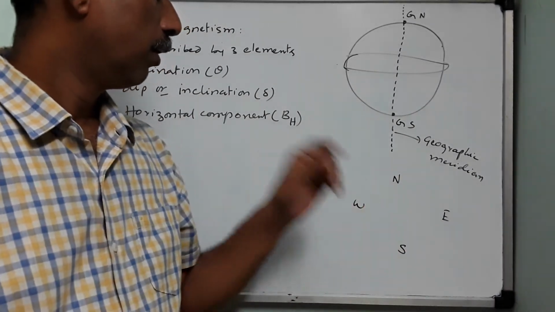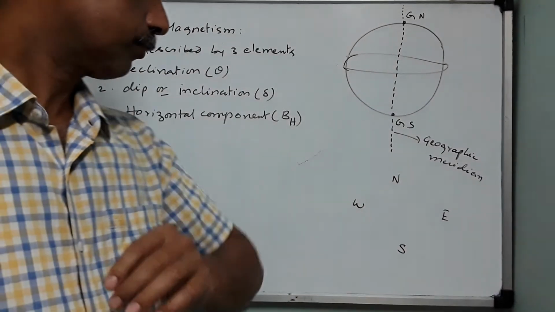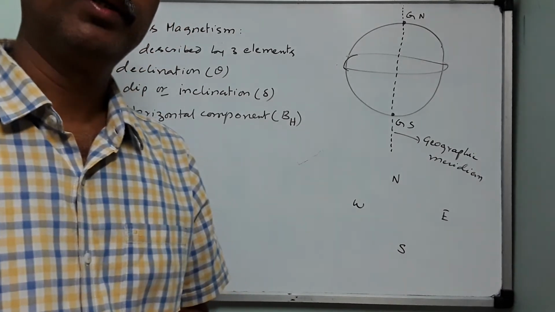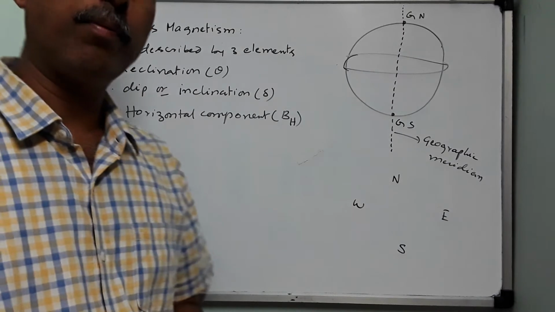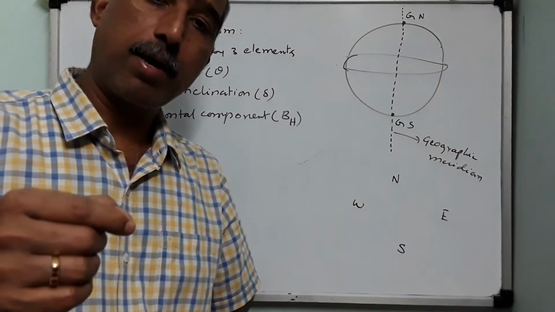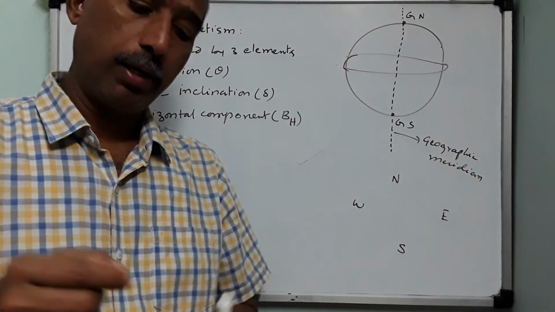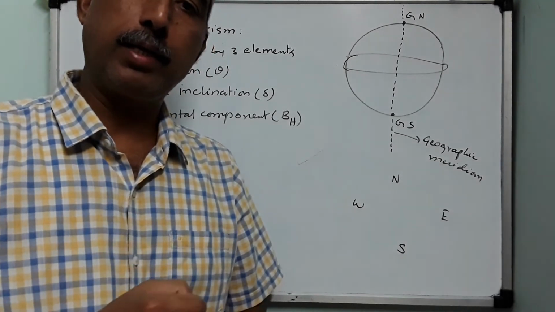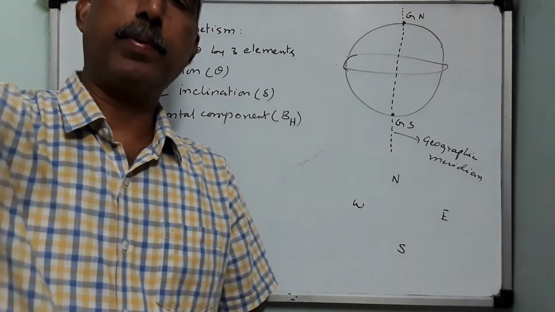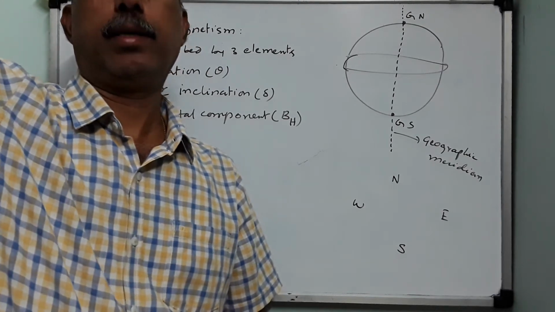Okay. So now what do we do? In order to know in which direction geographic north is and geographic south is, we take the help of a bar magnet. Take a bar magnet, tie it in the middle with a thread. This activity you might have done in class 8th or 7th. Suspend it freely in air.